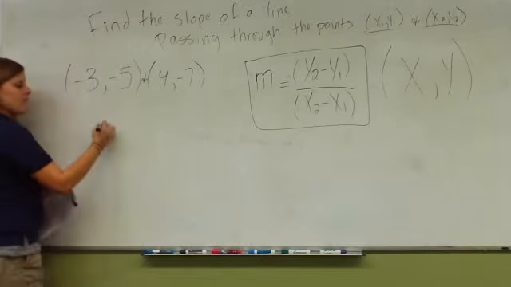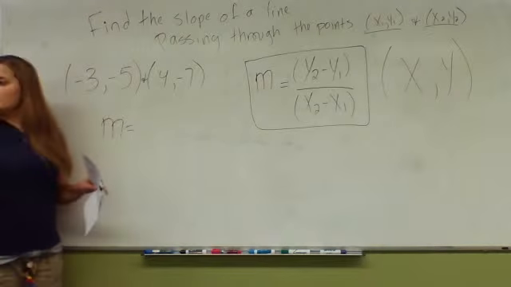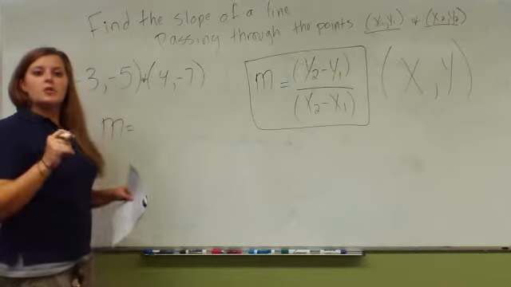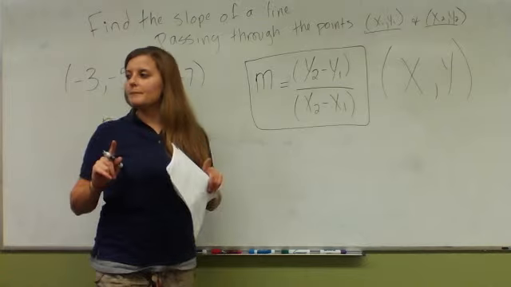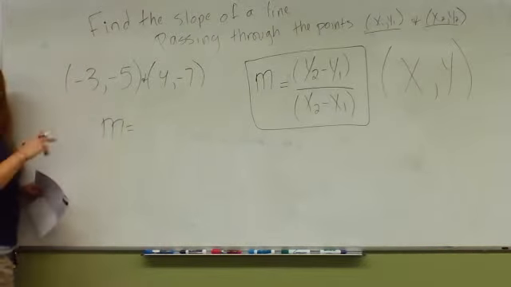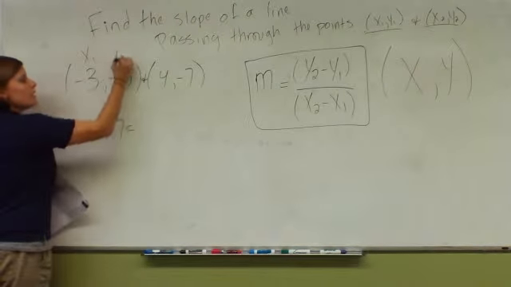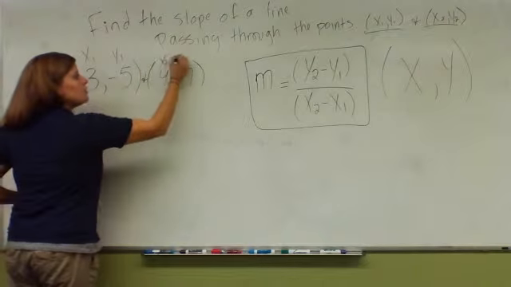All right, so I'm going to have M equals. Wait, have I picked my first point yet? No, I need to pick my first point. Does it matter which point is my first point? No, not even a little bit. Now, I like to start from the left and go right because that's how I was taught. So I'm going to say x1, y1, x2, y2.